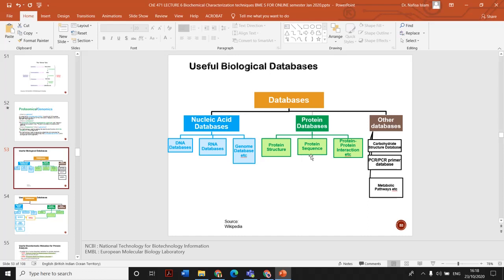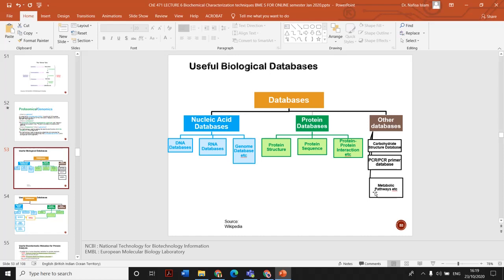So for primary structure you can have separate databases, and structure based databases can be separate. We'll look at some examples of that. You can even have some databases which catalog protein interactions, and that is a little bit beyond our scope, and we won't be looking at these, but it's nice to know there are other databases. For example, carbohydrate structure, PCR primer database, metabolic pathway database, and so on and so forth.